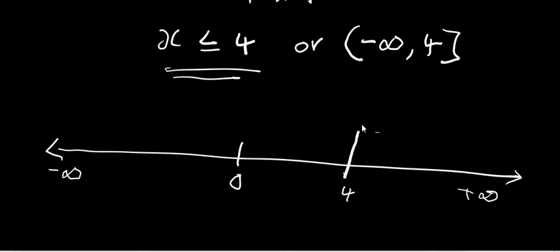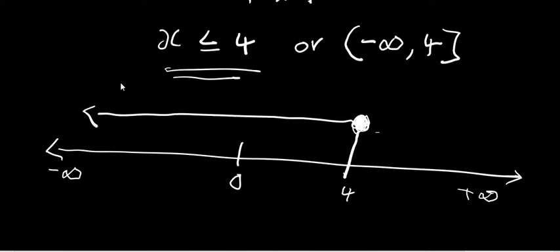Since 4 is included, I'm going to make a shaded circle. And then, of course, the direction is telling me that it goes up to negative infinity. What you need to take note of is that the examiner would not want you to express all this, but maybe you can just express it in that form, or that form.